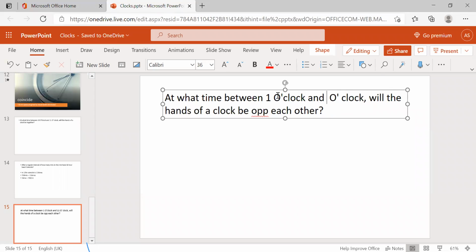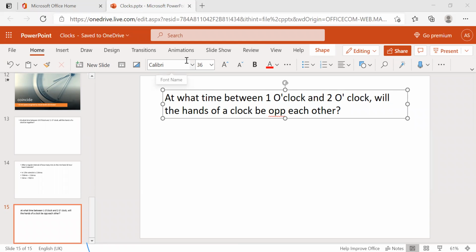In between 1 o'clock and 2 o'clock, at which time will they become exactly in a straight line, or 180 degrees, or opposite to each other? They may ask it in any of these ways: opposite to each other, straight line, or 180 degrees.